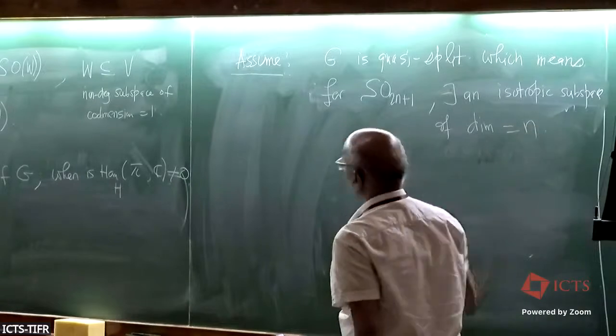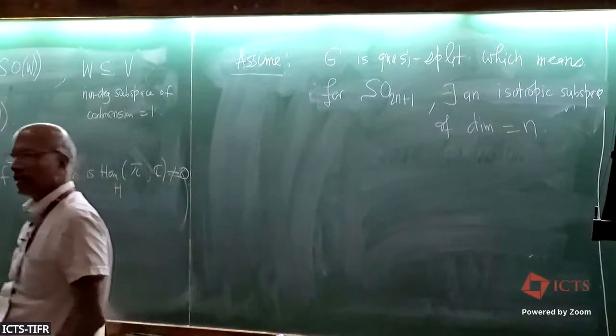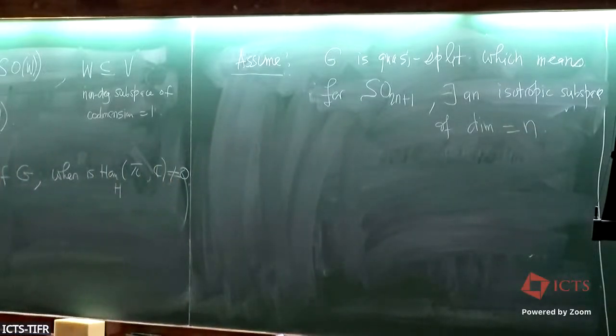There is an n-dimensional subspace on which the quadratic form is identically 0. Such an isotropic space is unique up to conjugation by Witt's theorem, and such a quadratic space is more or less unique.